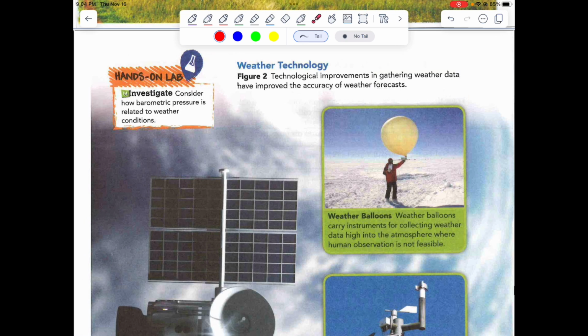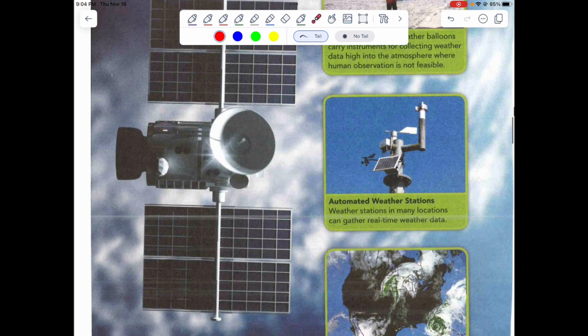On page 76, we have Figure 2, so I'm going to read through Figure 2 so you can take a look. It says, technological improvements in gathering weather data have improved the accuracy of weather forecasts. Weather balloons. Weather balloons carry instruments for collecting weather data high into the atmosphere, where human observation is not feasible. Automated weather stations.